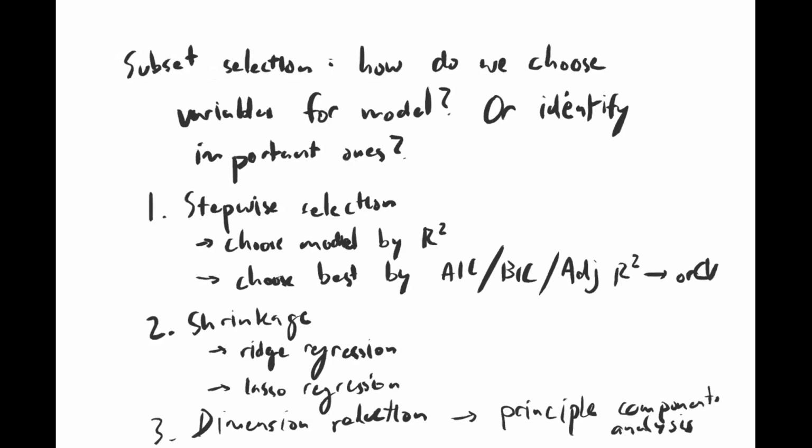So my question is precisely that the stepwise selection will not consider the bias variance trade-off, unlike what shrinkage does. No, it does. It definitely does, right?